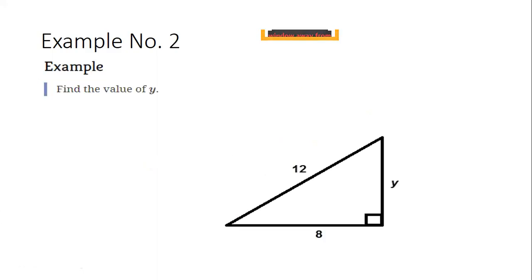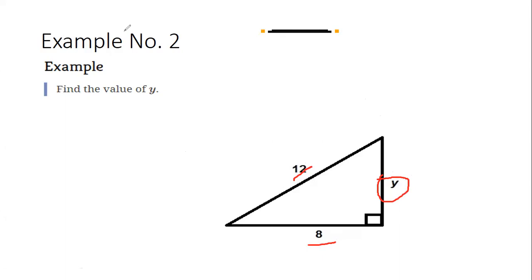For our second example, we're asked to find the value of y, which means we're looking for one of the legs of this triangle. You're given the hypotenuse, 12, and one leg, which is 8.